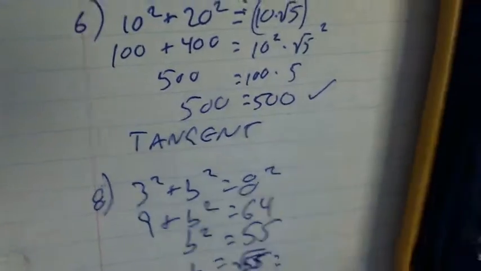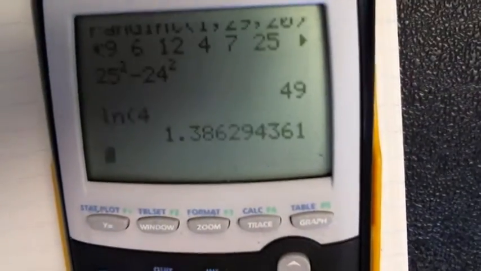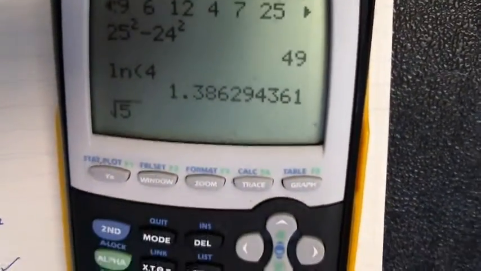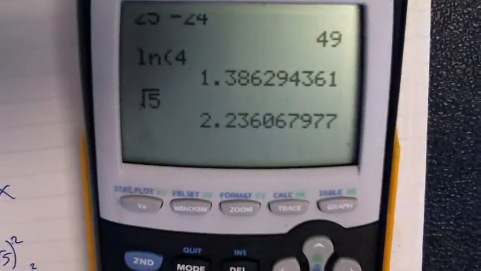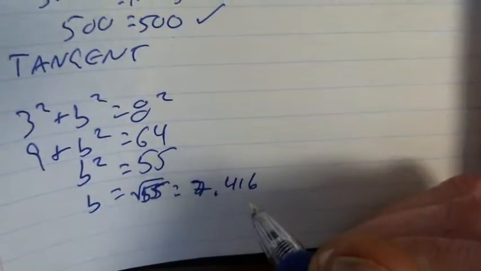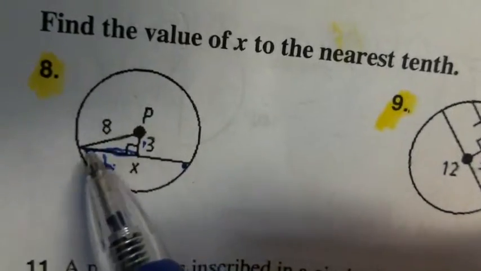Oops. Try the square root of 55. 7.416. So that's what B is, 7.4.